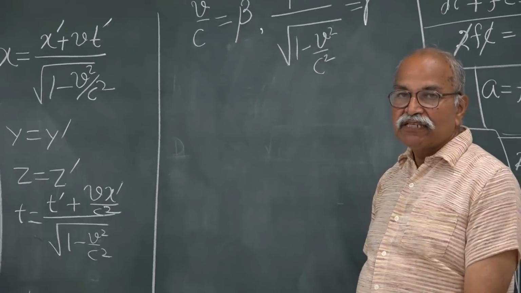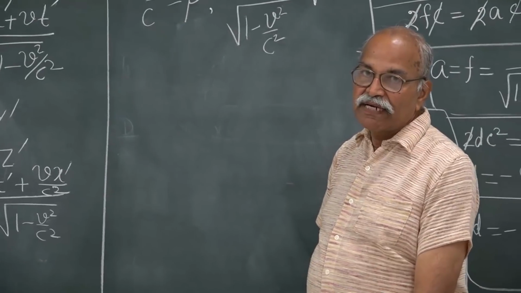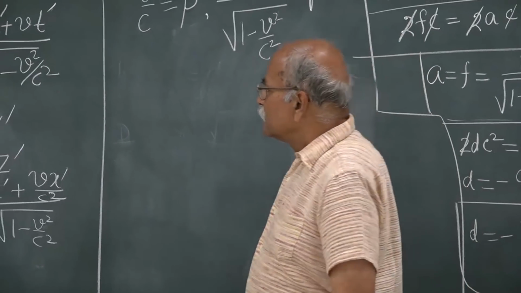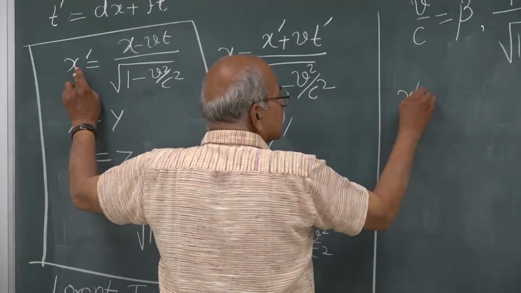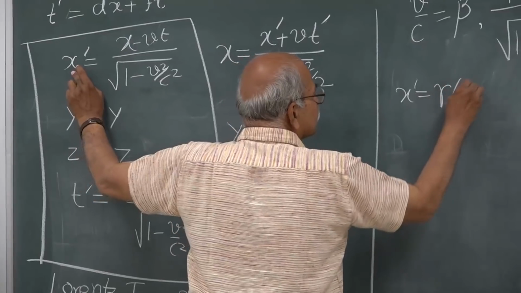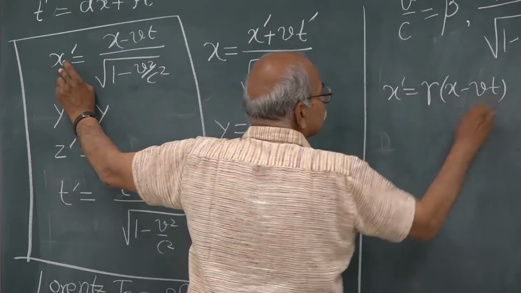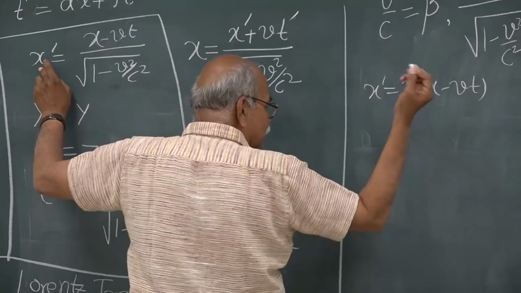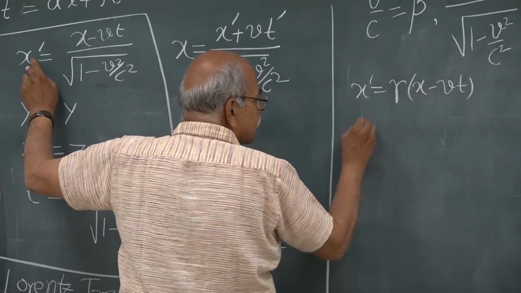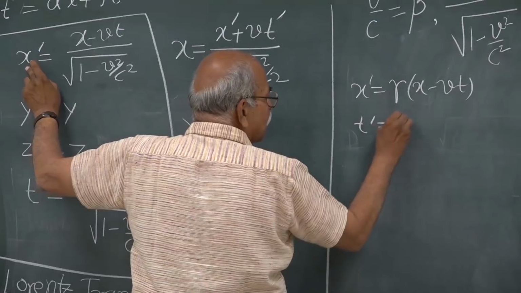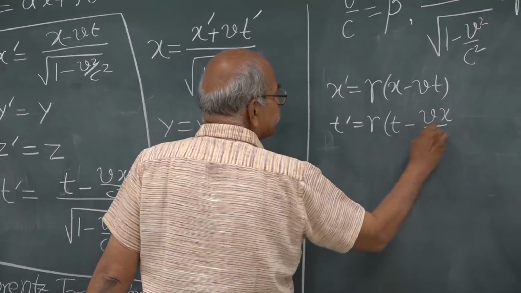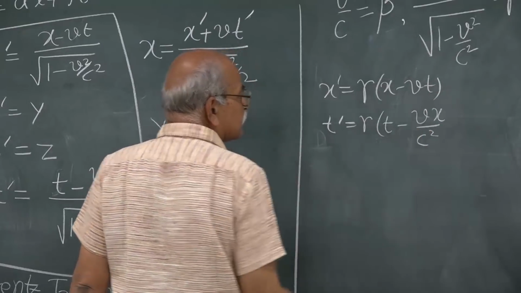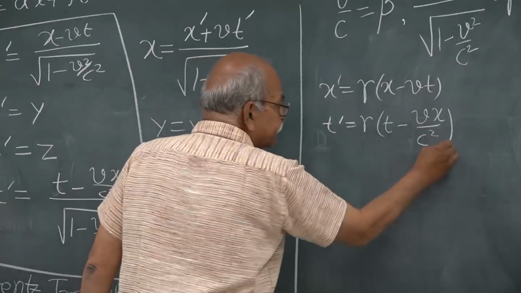In terms of these, x prime is equal to gamma times x minus v t, y prime is equal to y, z prime is equal to z, and t prime is equal to gamma times t minus v x by c square. These are the kind of symbols people often use.